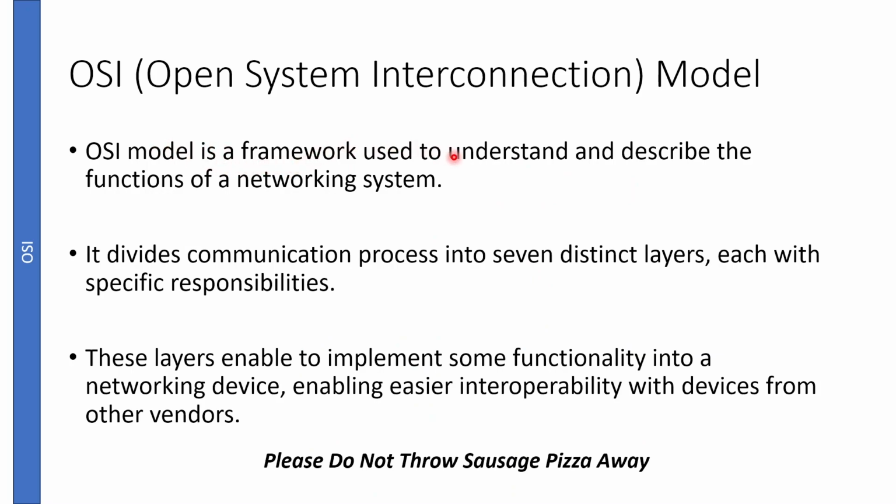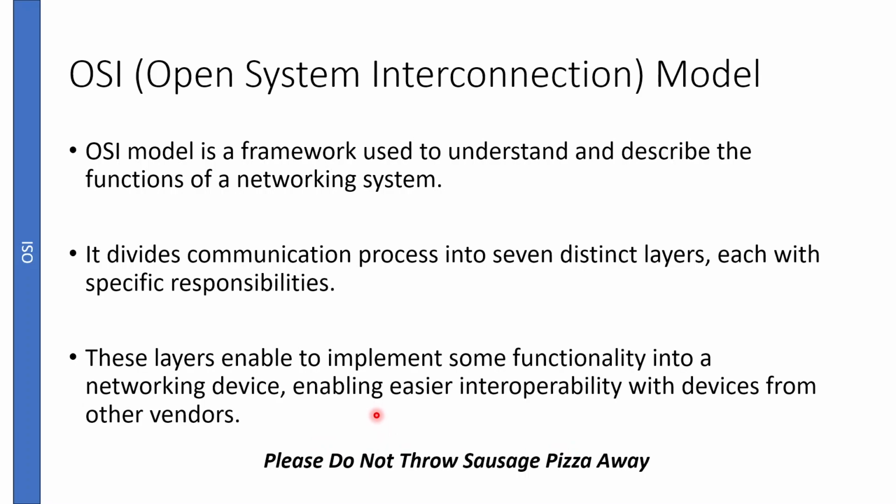We have this definition: the OSI model is a framework used to understand and describe the function of a networking system. It divides the communication process into 7 distinct layers, each with specific responsibilities. These layers enable implementing functionality into a networking device, enabling easy interoperability with devices from other vendors.